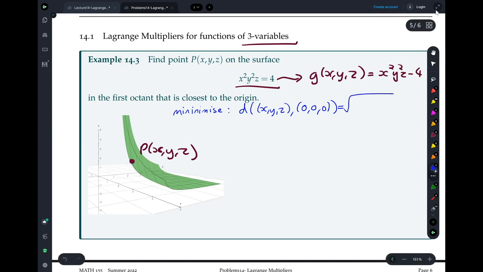Yeah, so we're doing the square root of the difference in the x parts squared, plus the difference in the y parts squared, and then plus the difference in the z components squared. Okay, here, because we've got (0, 0, 0), our origin, it's actually just going to be the square root of x squared plus y squared plus z squared.